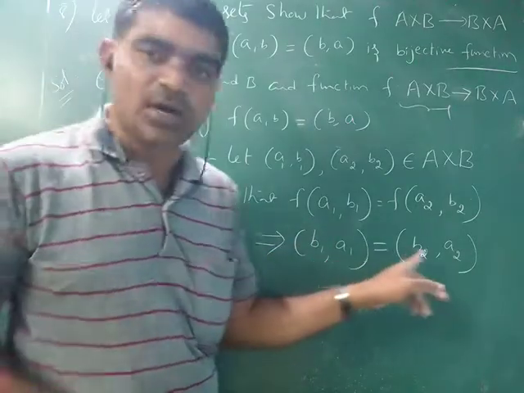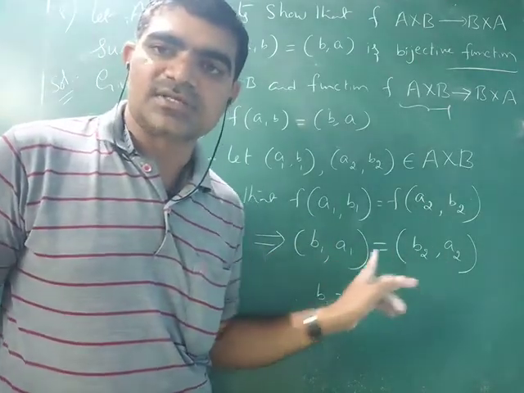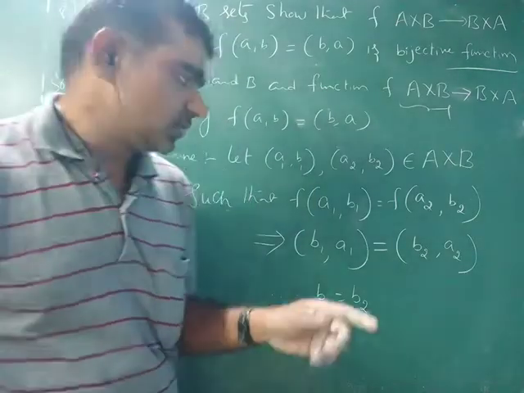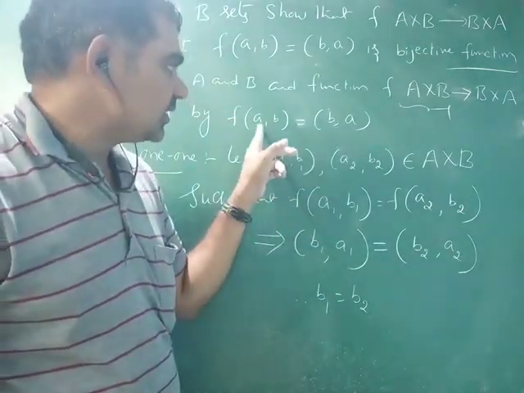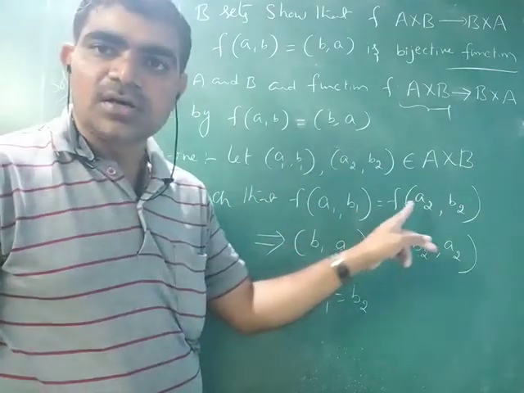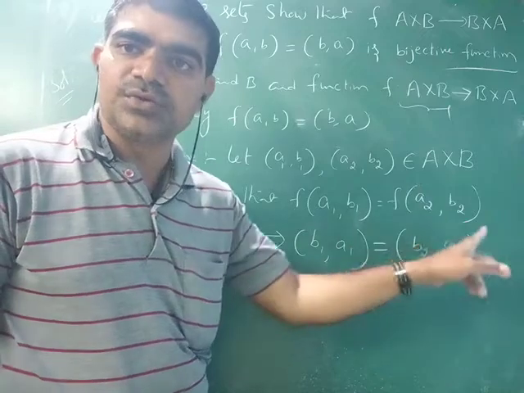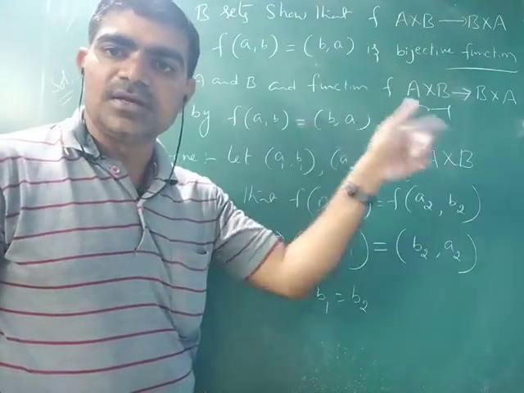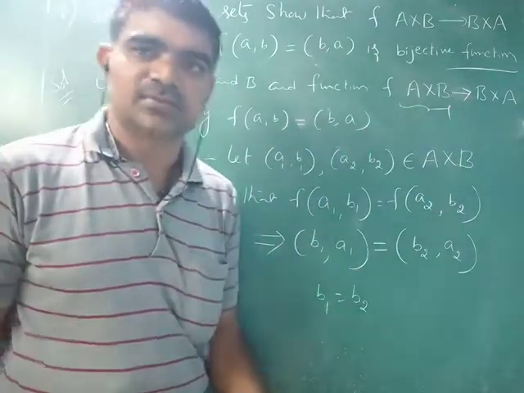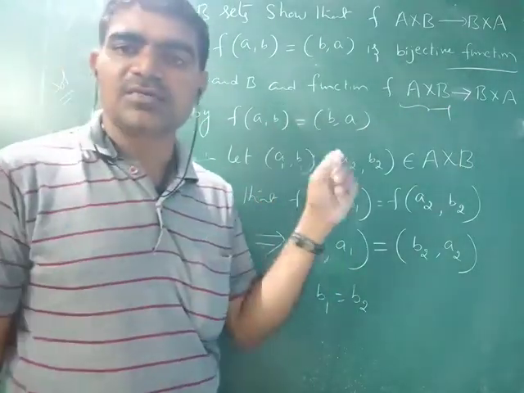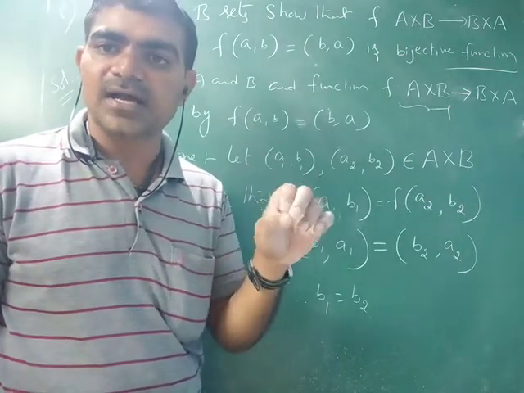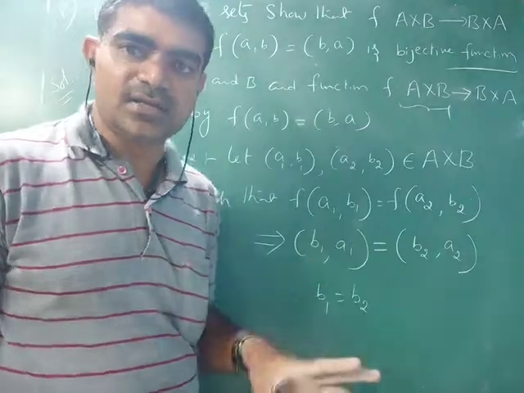We know that when two ordered pairs are equal, corresponding elements are equal. So please observe how they define AB to BA: A1, B1 to B1, A1, and A2, B2 to B2, A2. According to the definition, we should take. Clear? How they defined f of a comma b as b comma a.